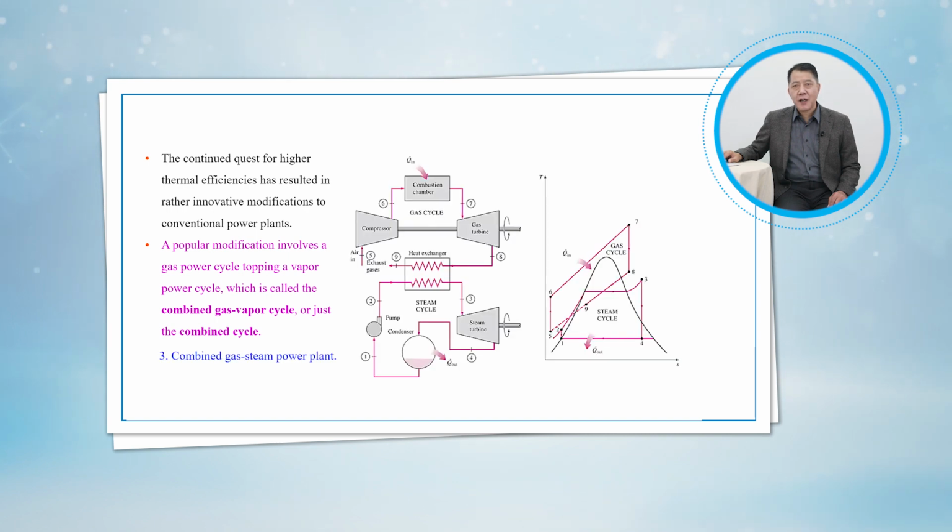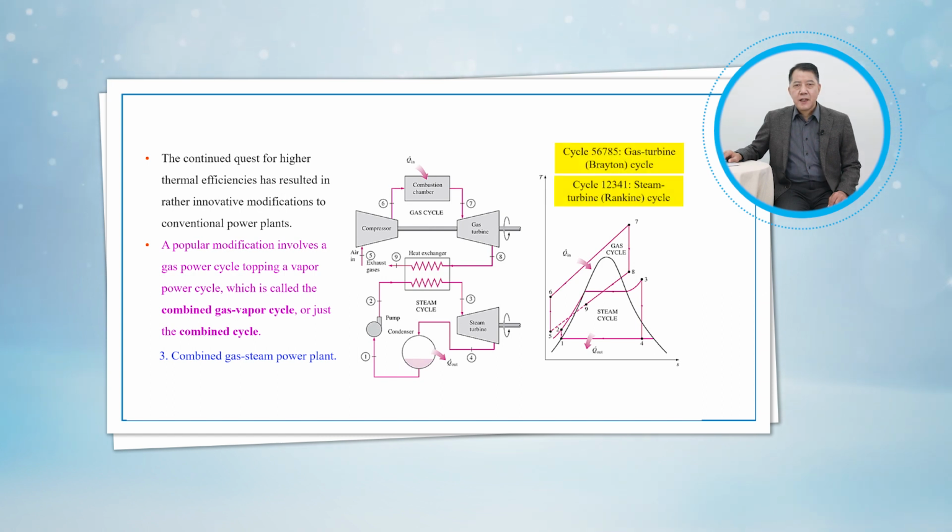A sketch of the system and the T-S diagram for a combined gas-steam power plant are given in figures 11-29 and 11-30. The combined cycle of greatest interest is the gas turbine cycle topping a steam turbine cycle, which has a higher thermal efficiency than either of the cycles executed individually.